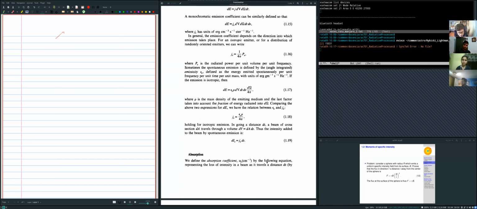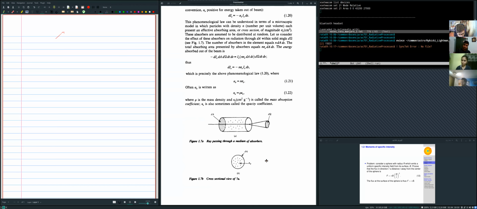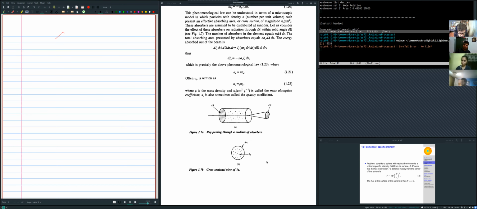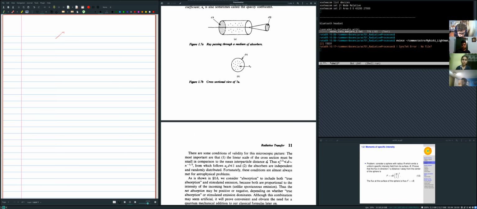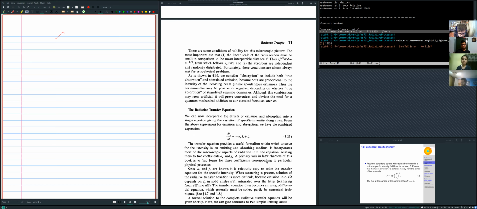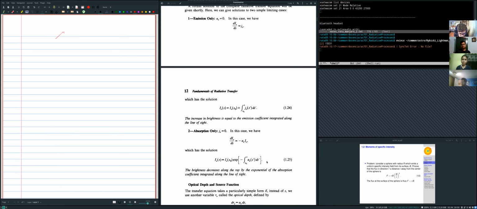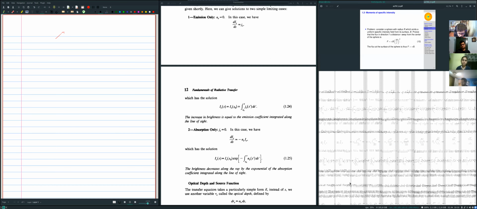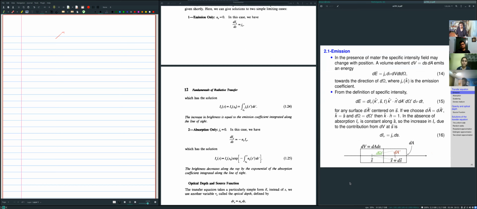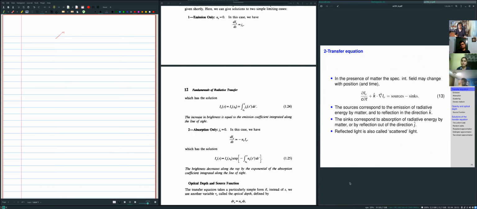So I need someone from you to explain absorption, and finally write down the radiative transfer equation. I've also got this in my summary, but I've got them in a slightly different way. So I suggest that we go through how the textbook presents things, and then I'll try to summarize with my lectures, which is a slightly different perspective, okay?